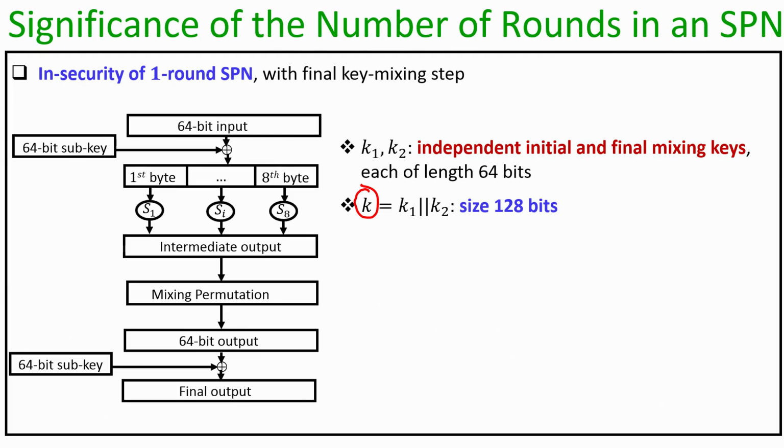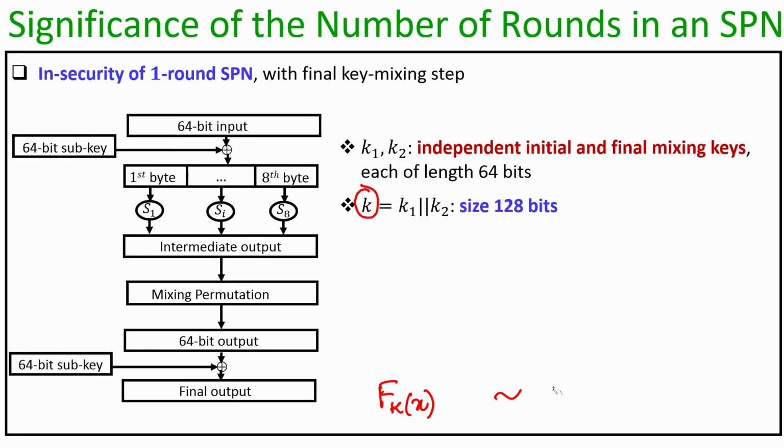We will consider the resultant FKX to be secure if the complexity of recovering the unknown key is of order 2 to the power 128, because by just doing 2 to the power 128 computation, the adversary can recover the unknown key if it has an x, y pair, where y is the outcome of x with respect to that unknown key k.